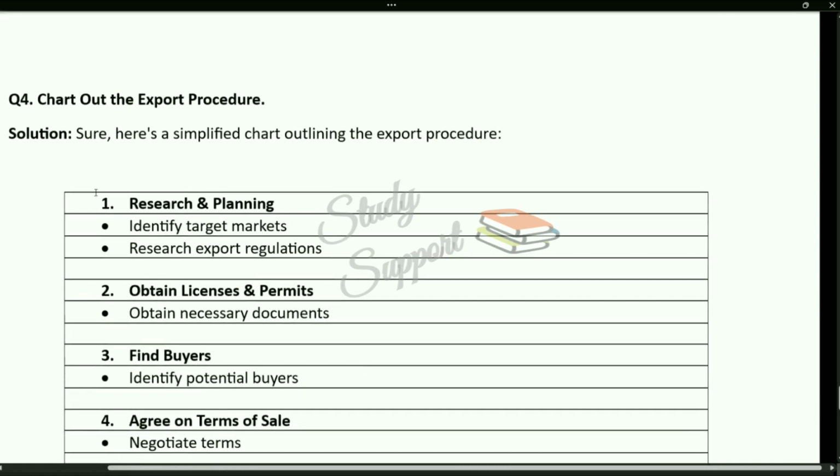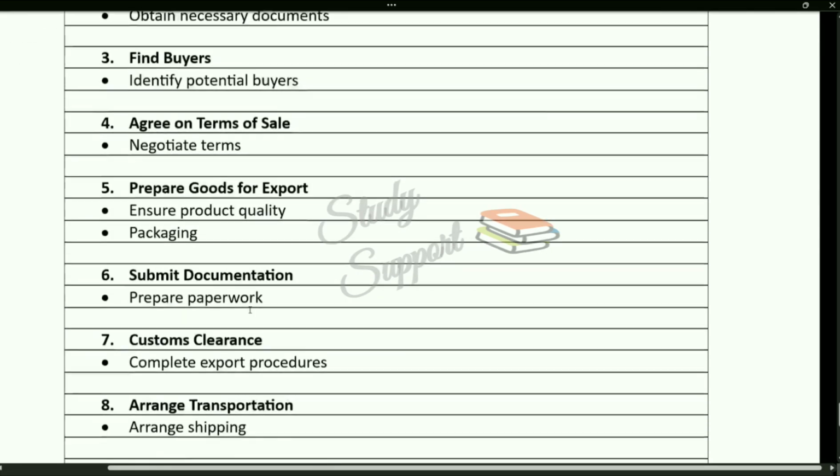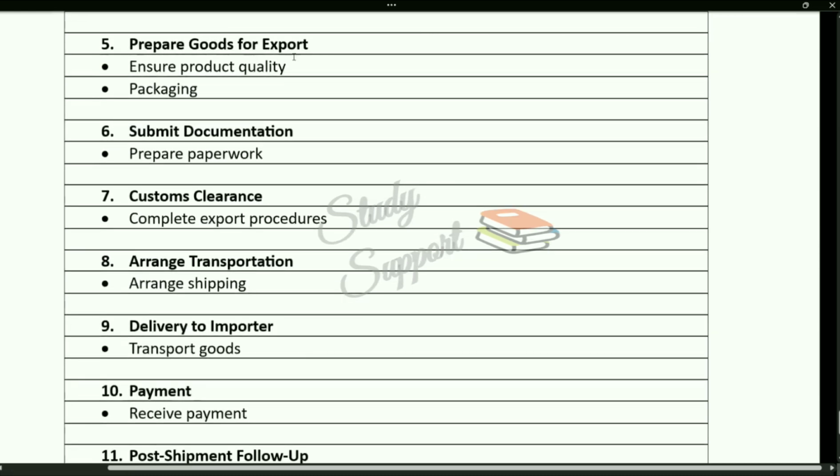Q4. Chart out the export procedure. Solution: Sure, here's a simplified chart outlining the export procedure. 1. Research and planning. Identify target markets. Research export regulations. 2. Obtain licenses and permits. Obtain necessary documents. 3. Find buyers. Identify potential buyers. 4. Agree on terms of sale. Negotiate terms. 5. Prepare goods for export.